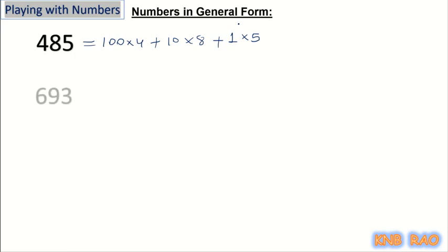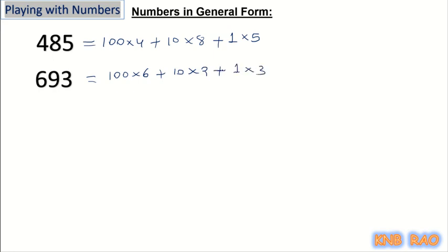Similarly, write the general form of 693. 693 is nothing but 6 hundreds, 9 tens, and 3 ones. So, we write it as 100 into 6 plus 10 into 9 plus 1 into 3.